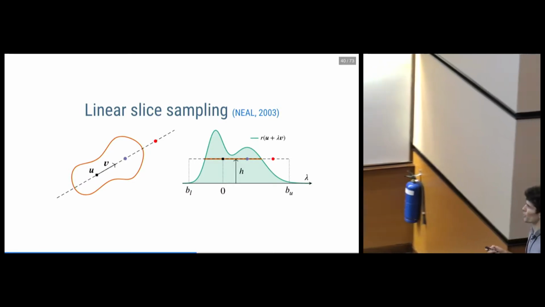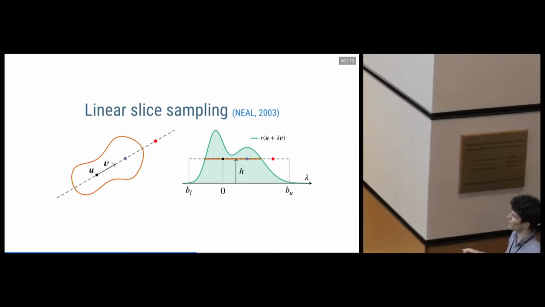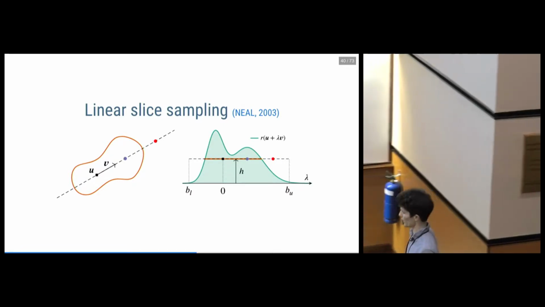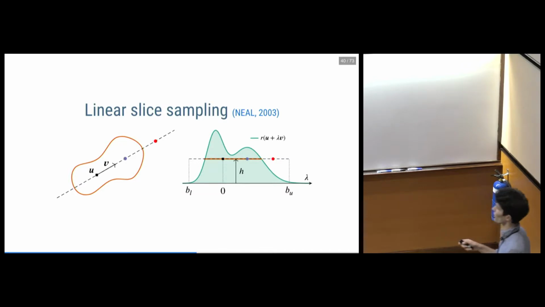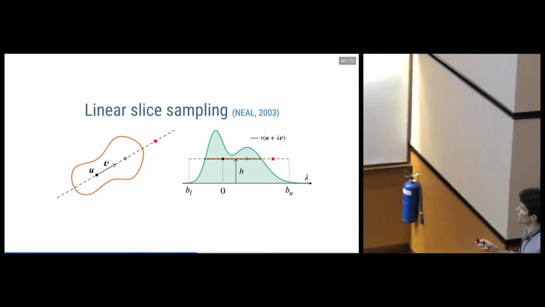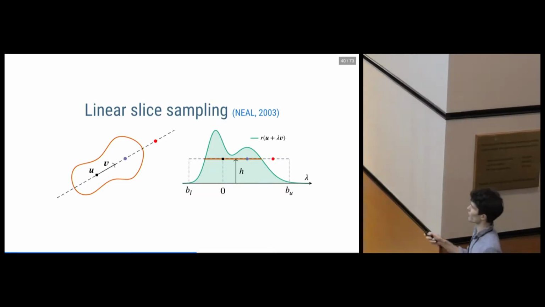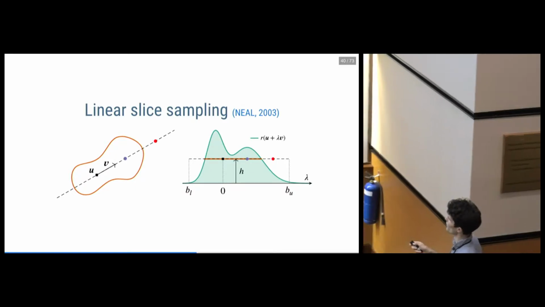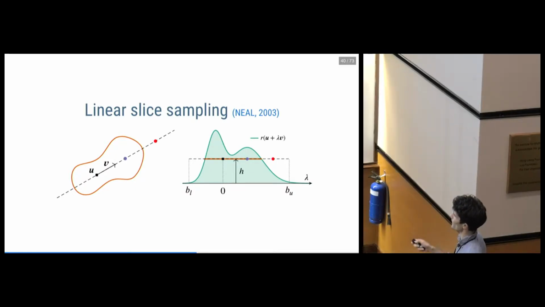But basically, we need to parameterize a line in space that passes through the current point and then progresses through this target space. We sample, given our current point, a value for this h variable between 0 and the current density, which defines the slice.